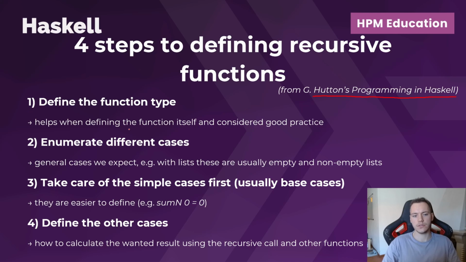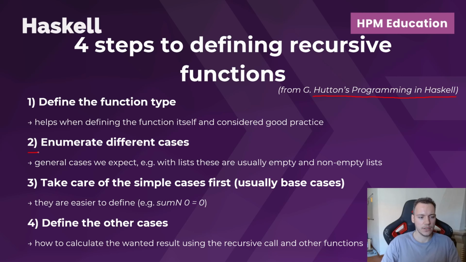This helps us because we have to start thinking about the types of the function itself. We know what we are going to take in as arguments. We know what we want the result to be. So it's a very good first step when starting to think about how we're going to define the function. And in general, it's considered good practice to always write function type signatures.